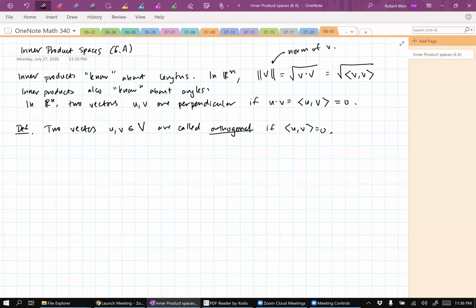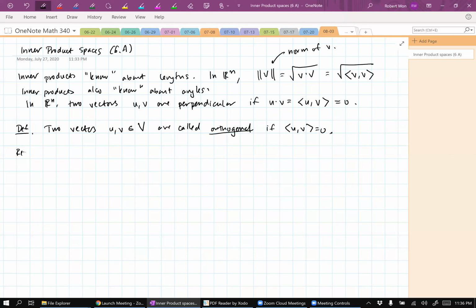But if you take the definition to be, okay, well, you're orthogonal if the inner product of the two vectors is 0, then whatever we prove about orthogonality should hold for that inner product space. Of course, the picture that we think about in our heads is perpendicular vectors in Rn. That's the prototypical example.